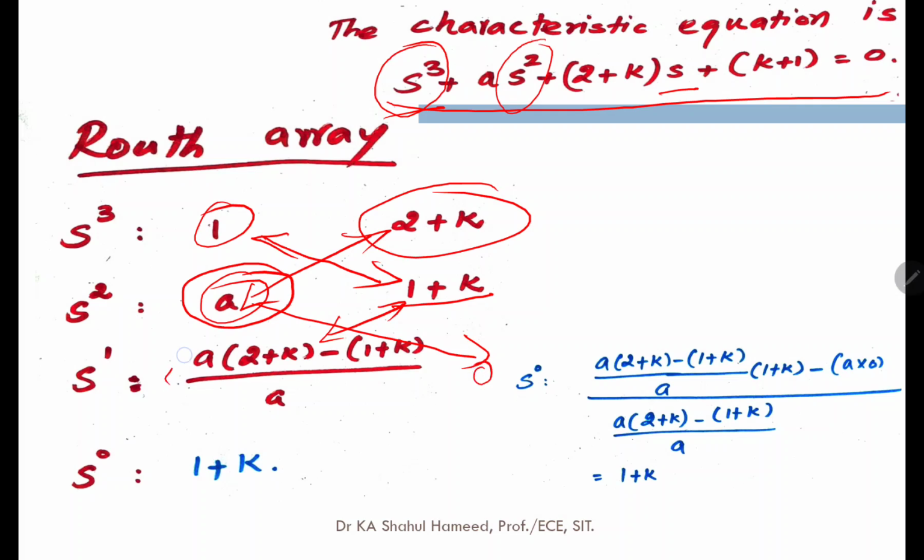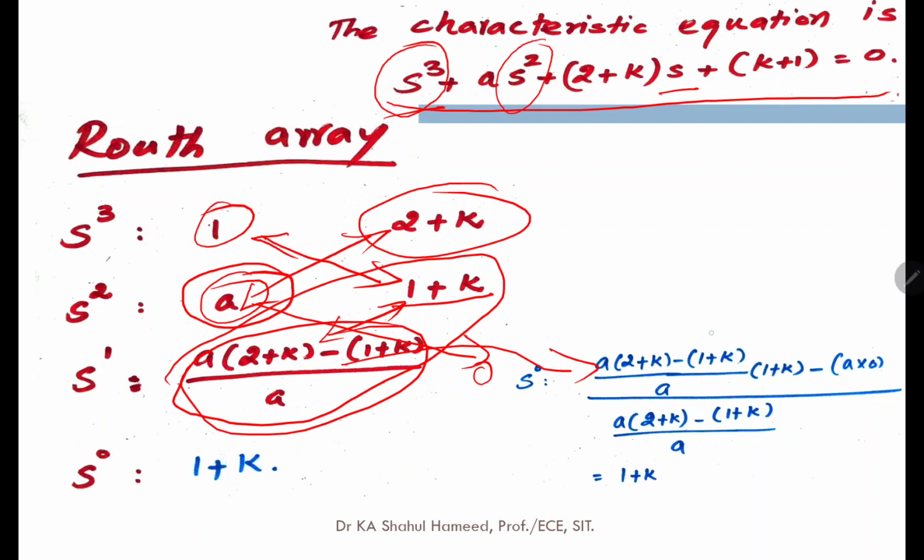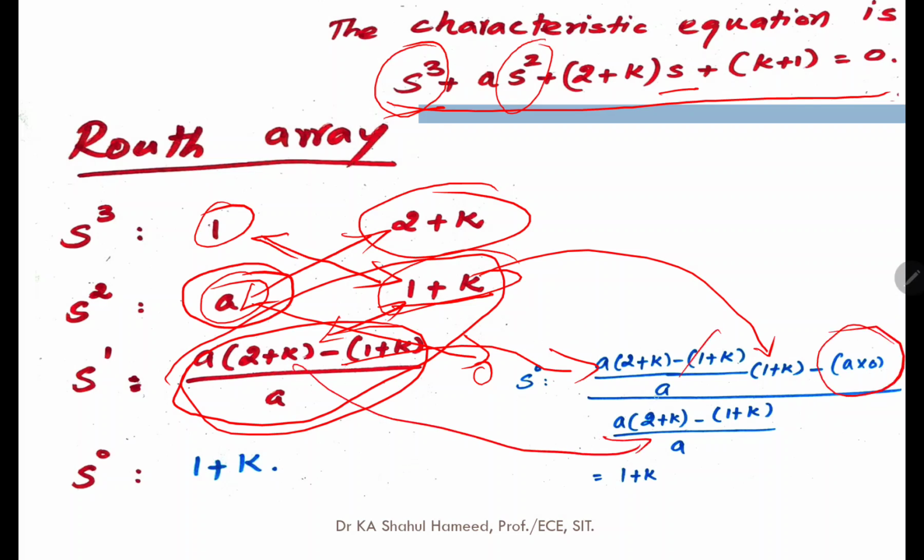I am multiplying these and dividing by this coefficient. Then s^0 is equal to ((a(2 + K) - (1 + K))/a)(1 + K) minus a into 0, which becomes 0, divided by this coefficient. When I cancel these two things, I get 1 + K. So I am putting it here, and this is the Routh array.